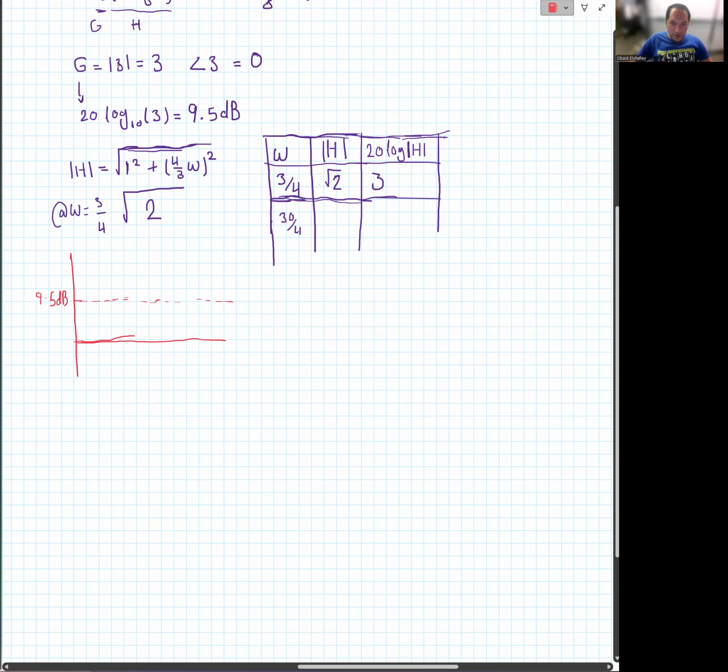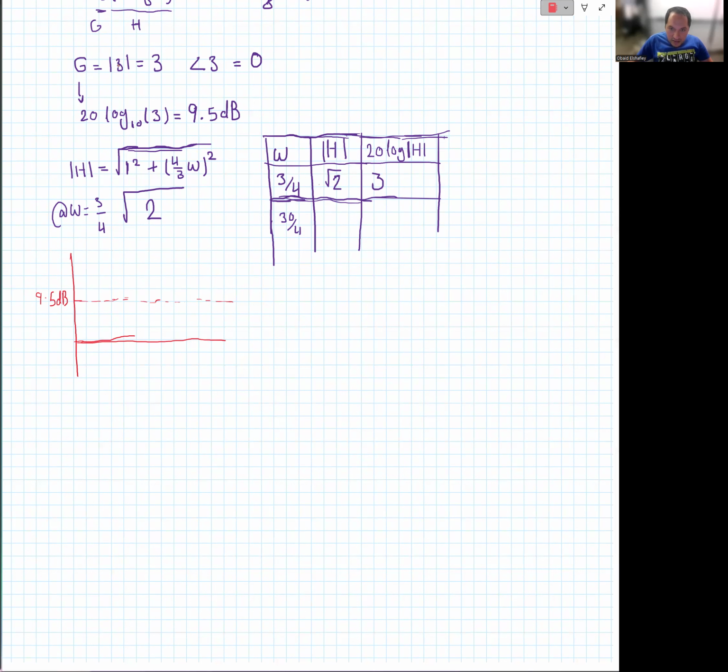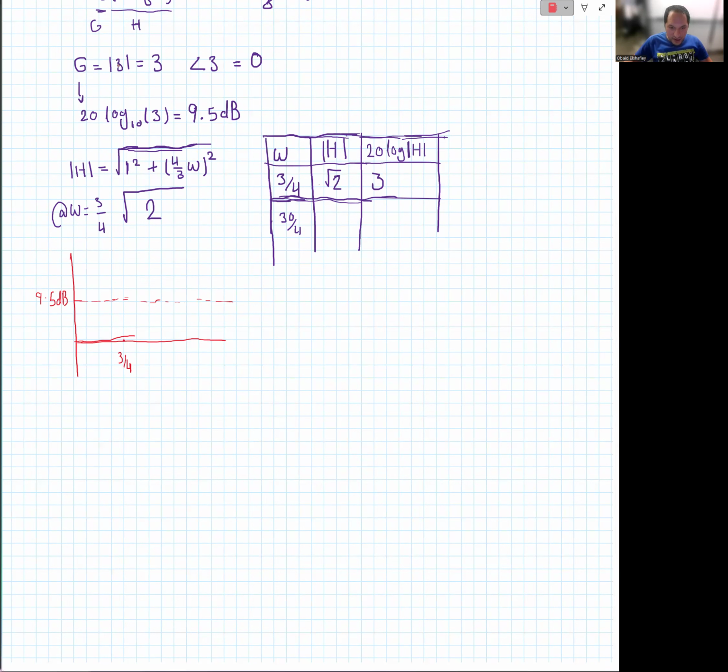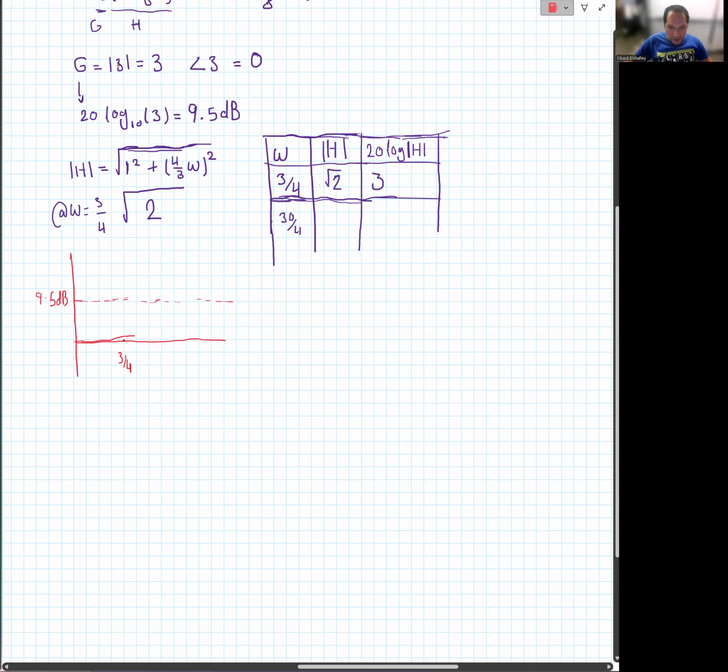My second plot is of H. So at 3 over 4, the value is actually 3 dB. But since it's the breakpoint, we can usually refer to it as 0 with a slope of 20.